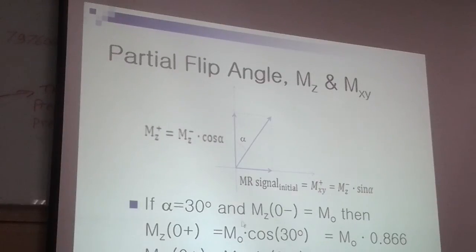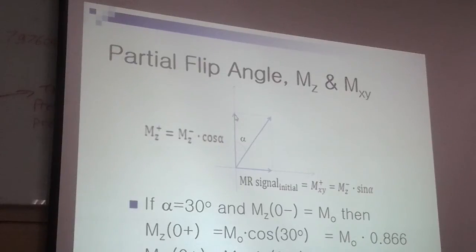But in the case of short TR compared to the relaxation time, when the next RF pulse is applied, the longitudinal magnetization is not at equilibrium. The longitudinal magnetization is determined by the T1 relaxation time during the repetition time TR.